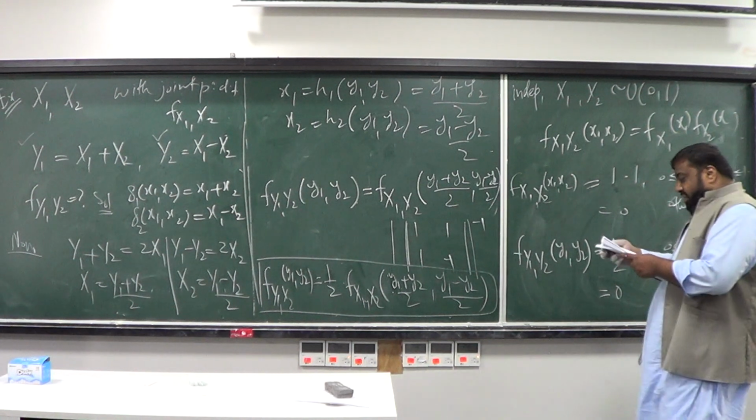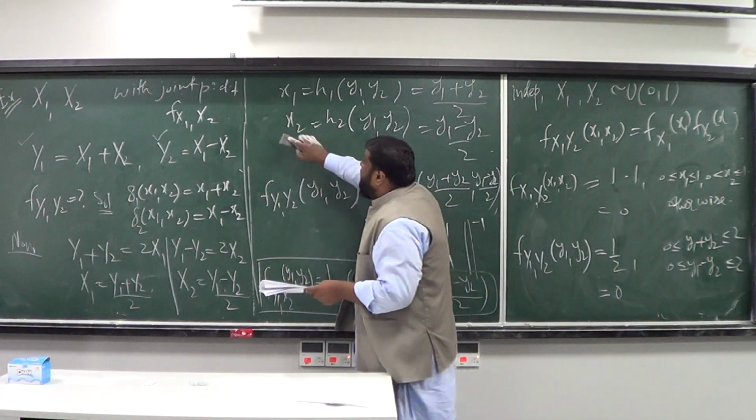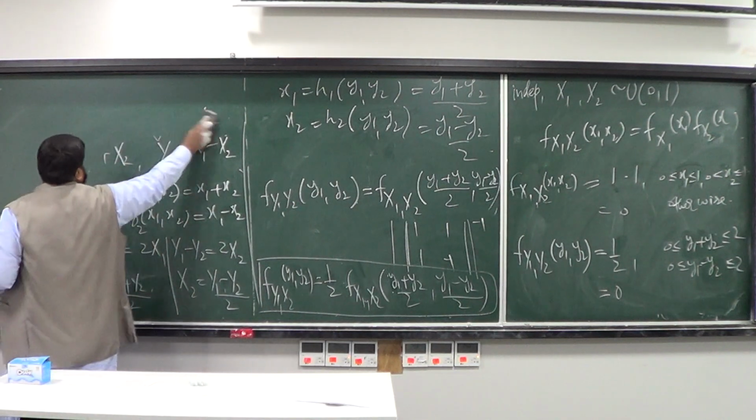You can take x1 and x2 to be anything actually. For example, you take x1 and x2 to be exponential random variables.